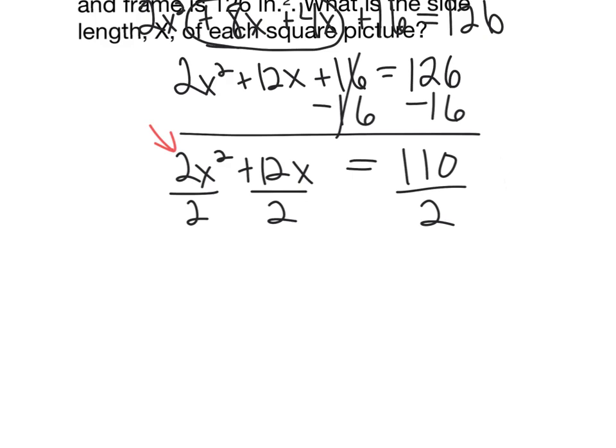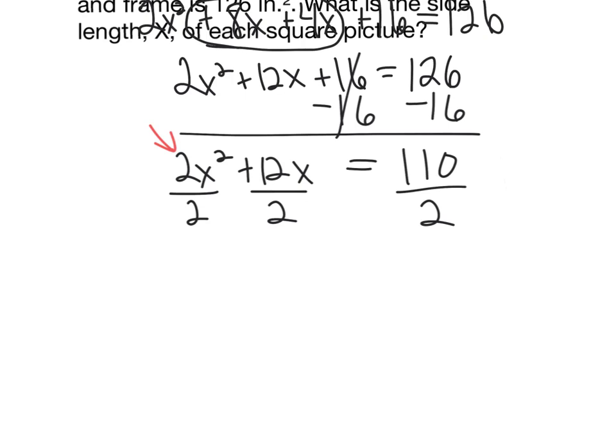Also, let's say the 16 and the 126 were both odd numbers. If you divide an odd number by 2, that's going to be decimals, whereas if you subtract them first and they were both odd, then you'd get an even number. Divide by 2 comes out evenly.